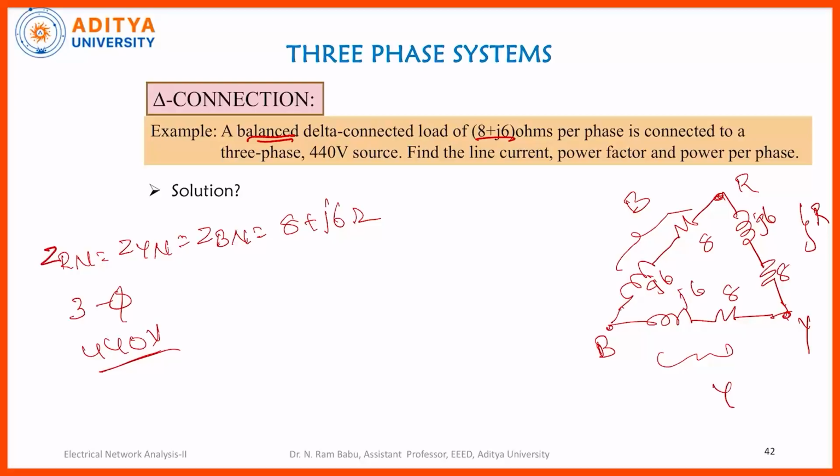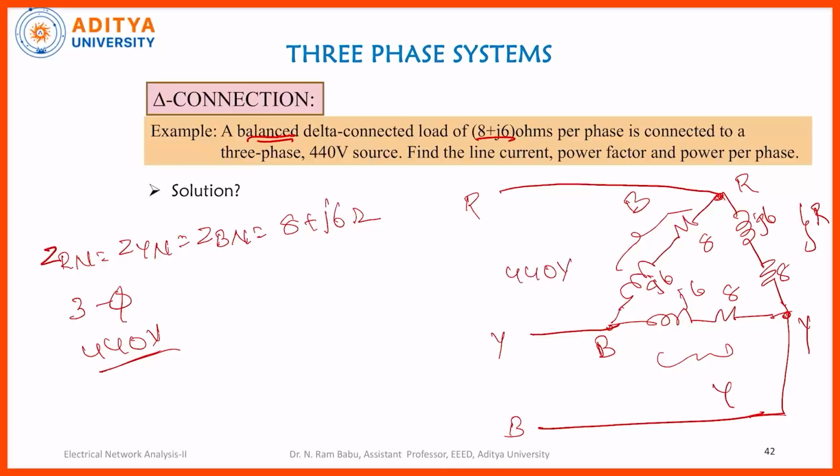So these are the impedance values. The diagram will be in this manner, R, Y and B, and he has given a 440 volt supply. That means the voltage across R and Y is 440 and Y and B is 440 and R and B is also 440 volts.